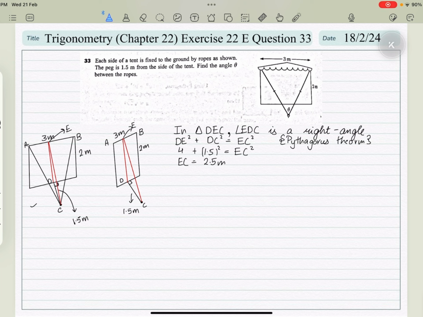Now, having known EC, we can look at triangle ABC. In triangle ABC, EC is the altitude.